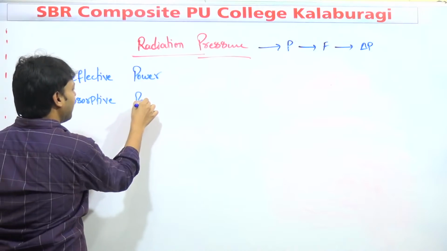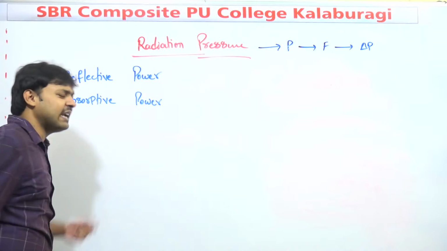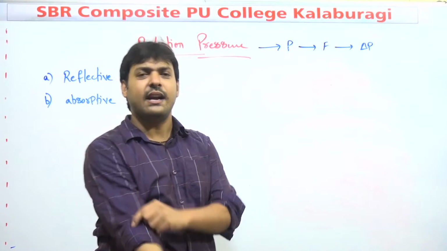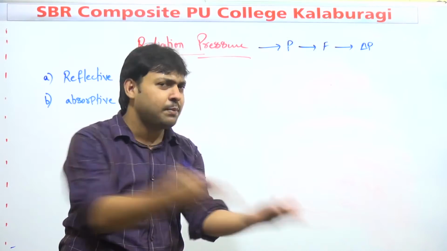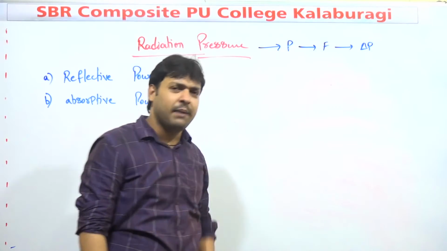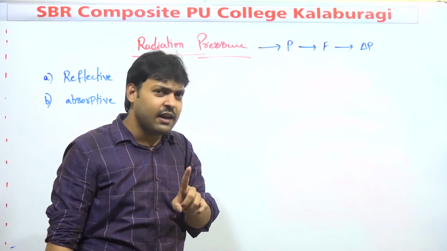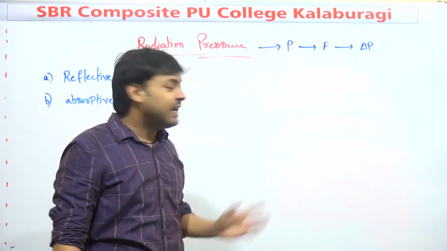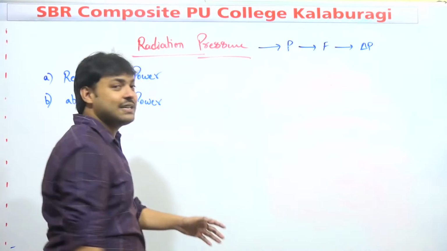In heat, one more thing we studied, that is transmittive power. We studied it in ray optics also. So if a light ray falls on an interface, what will happen? Reflection will be there, some refraction will be there, and absorption will be there. That refraction is nothing but transmission.